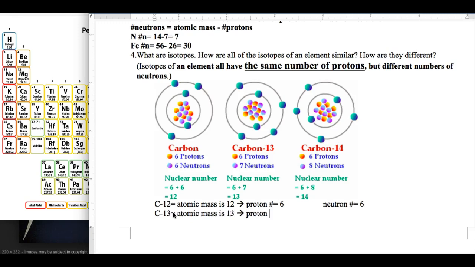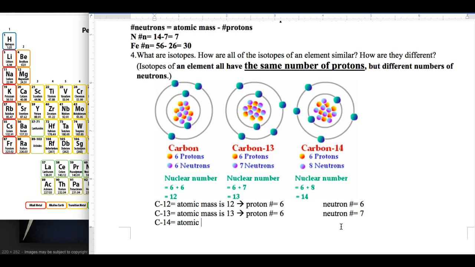So the proton number still has to be 6 because proton number never changes. If it's a carbon, the proton number is 6. But how about neutron? The neutron number will be 13 minus 6, which makes it 7, right? How about carbon 14? When we say carbon 14, what does that mean?